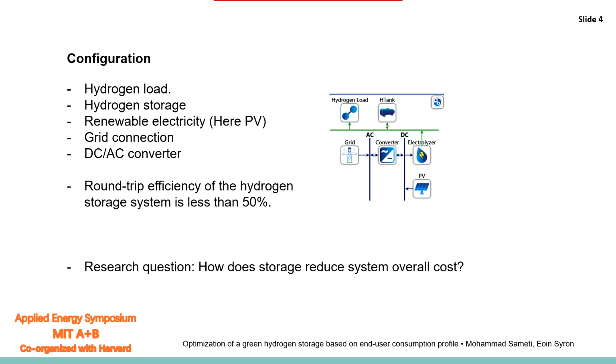In our paper, the configuration that we proposed is to use, first of all, a hydrogen load. It can be a residential load, a commercial load, an industrial load, or a community load. So four types of load can be considered here. For our paper, we considered a residential type of load as our first, or primary, scenario.